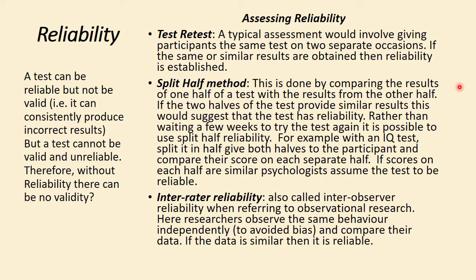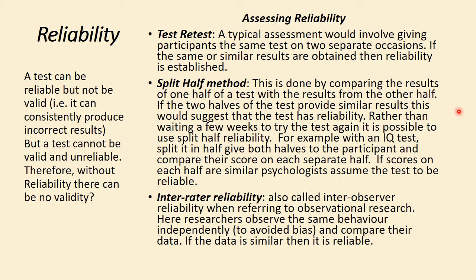Now, the test retest method can be quite slow because you often have to wait a while before you can test again. A quicker way of doing it, particularly if you're doing something like an IQ test or a questionnaire, is called the split half method, where you take your test and you divide it in half, and you test the first half against the second half.